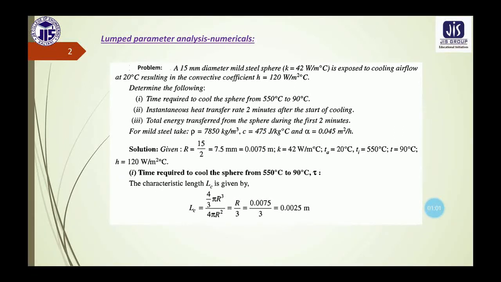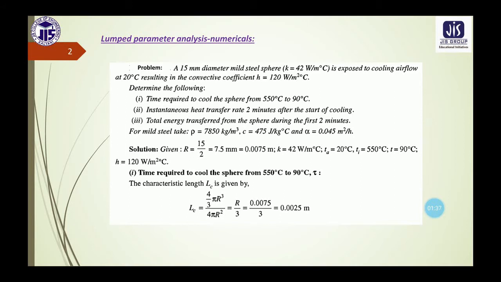A 15 millimeter diameter mild steel sphere, the thermal conductivity of which is 42 watt per meter degree centigrade, is exposed to cooling airflow at 20 degrees centigrade, resulting in the convective coefficient h equals 120 watt per meter square degree centigrade. Now we need to determine the time required to cool the sphere from 550 degrees centigrade to 90 degrees centigrade.